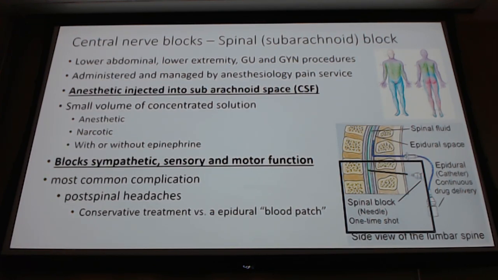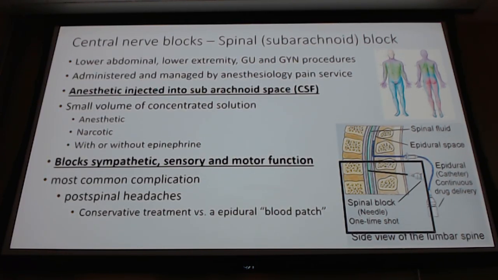Okay. So for spinals, they go into the subarachnoid space. Okay, so you'll see the green is the spinal fluid, the spinal canal, where the spinal cord is located. So this needle goes into that space, almost like a lumbar puncture. Okay, but instead of taking fluid out, we're putting fluid in.